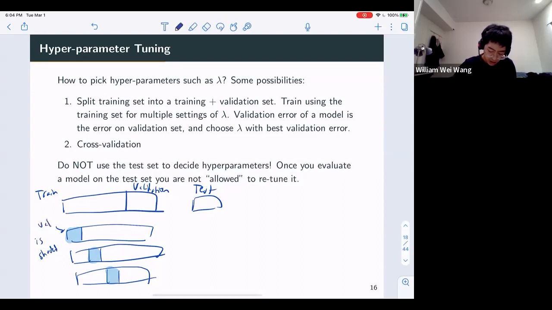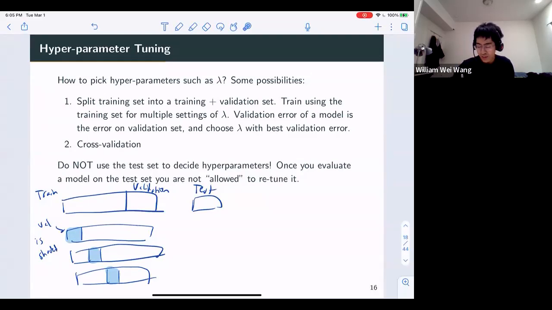And then for each one of these types of partitions, you can treat the rest of it as training and just this as validation. Then that means for each lambda, like lambda equals 1, you go through each one of these partitions, and then you take the average error over all of these partitions. And then you treat that as the error for lambda equals 1. You do the same thing for lambda equals 10, lambda equals 50. You get three different summaries, and then you pick the lambda that gives you the best one.